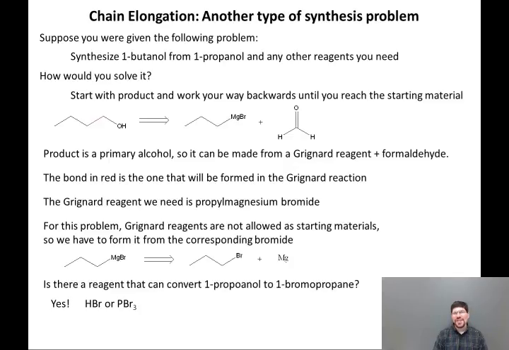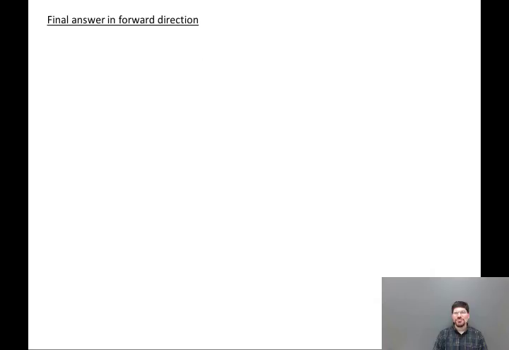So once you've done that level of thinking backwards, what you need to do is provide your final answer in the forward direction, and it goes like this. Reaction 1 is the reaction of propanol with HBr, in this case to give 1-bromopropane.